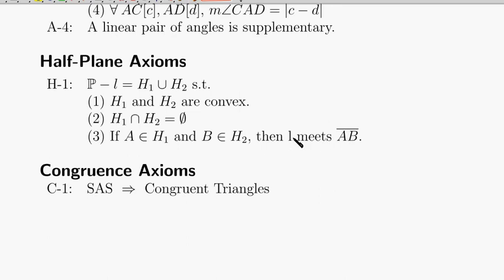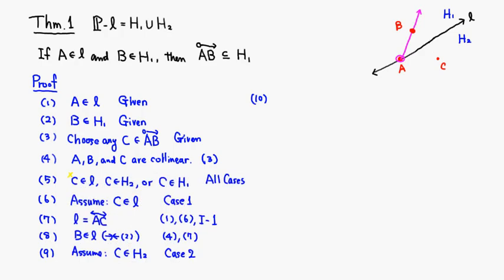So let's do that. Since B is in H1 and C is in H2, there must be a point D in between.